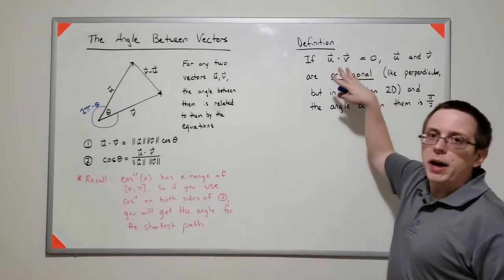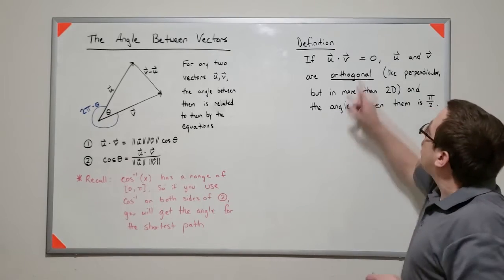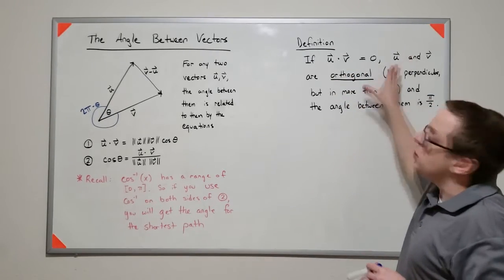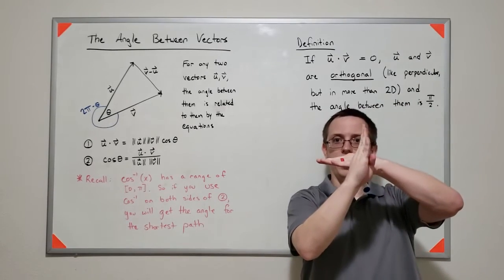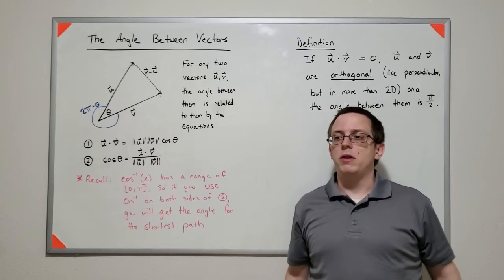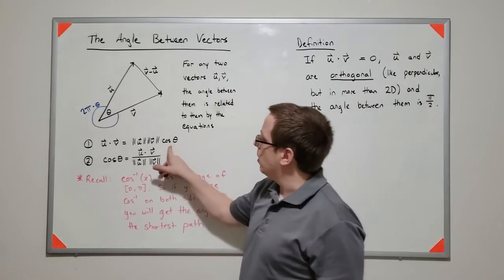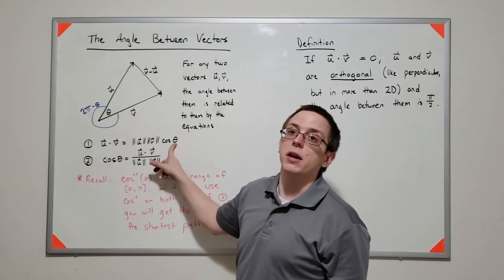Anyway, I want to talk to you a little bit about this idea of orthogonality. So if I have two vectors and their dot product is 0, then we say that u and v are orthogonal. Well, think like perpendicular. If I have two vectors that cross at a right angle, if I go back to here, cosine of theta would be cosine of pi over 2.